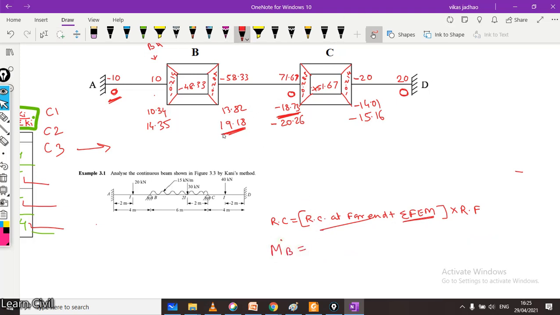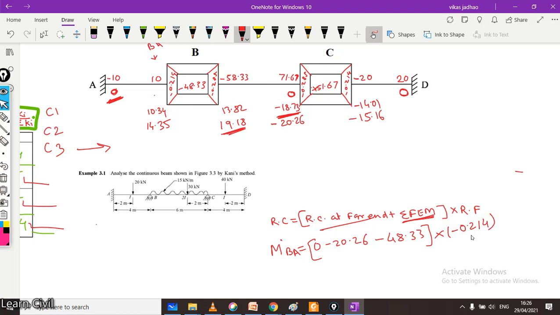the rotation contribution at far end, that is this 0 minus 20.26. So 0 minus 20.26, plus fixed end moment, this fixed end moment minus 48.33, multiply this with the rotation factor for BA, that is equal to minus 0.214.